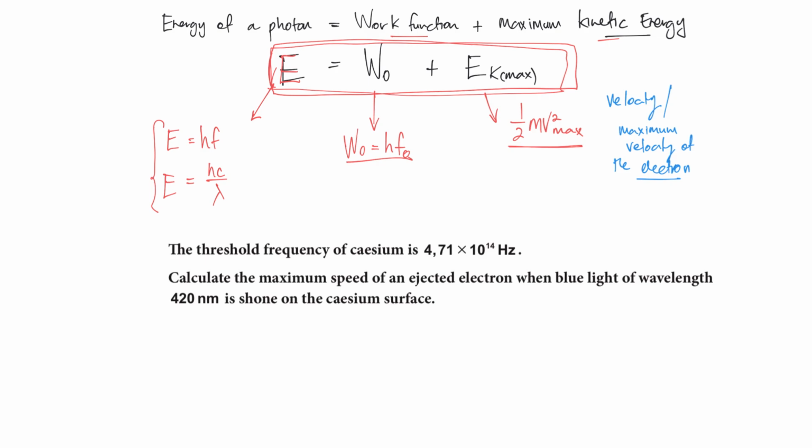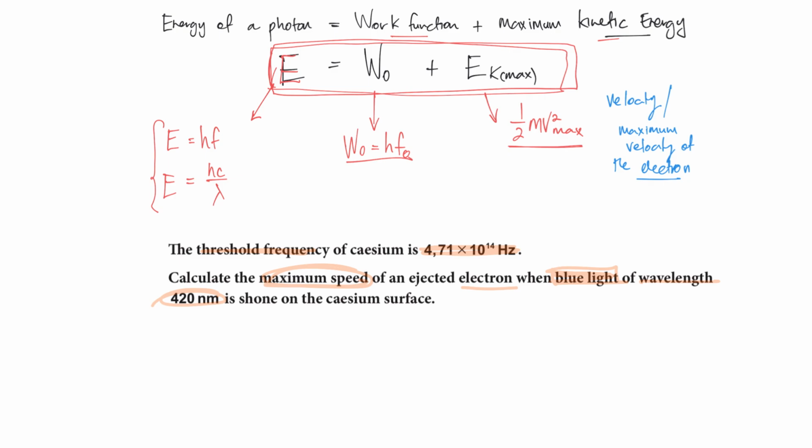It says here that the threshold frequency of cesium is 4.71 times 10 to the power of 14. They want you to calculate the maximum speed of an electron when blue light with a wavelength of 420 nanometers is shone on a cesium surface.